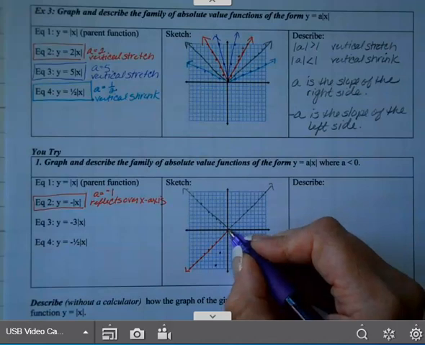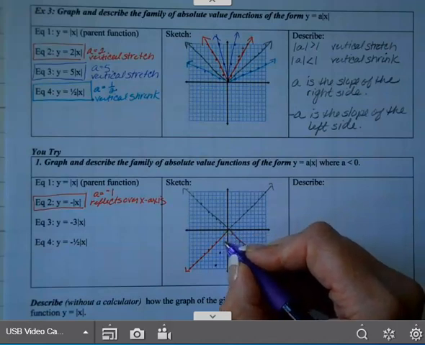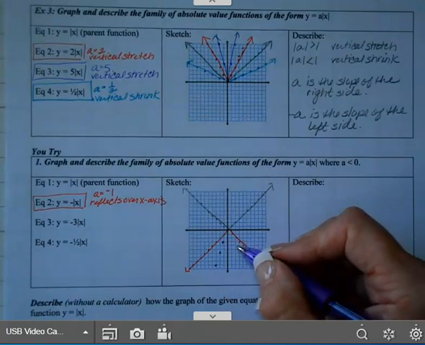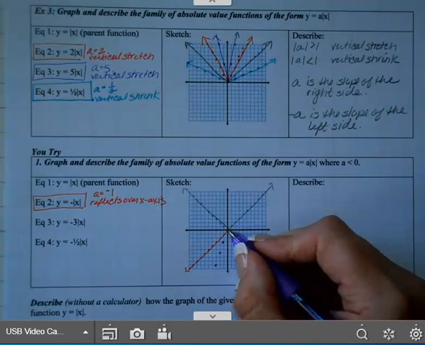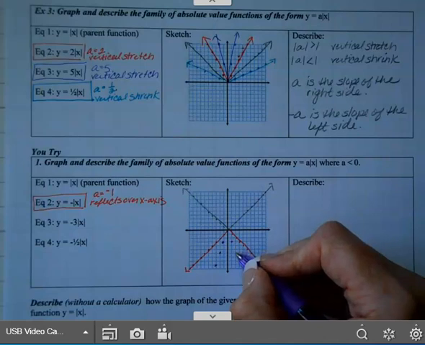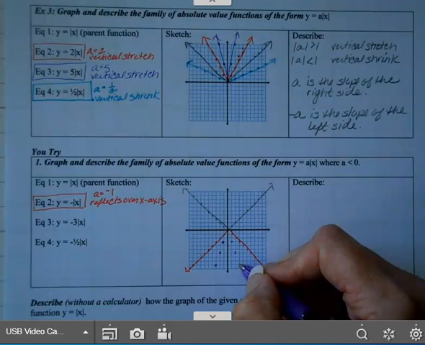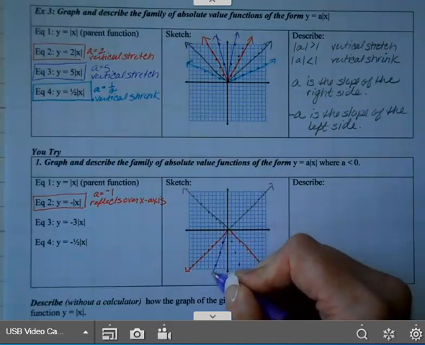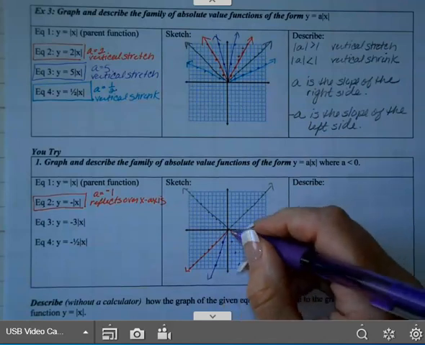At -1, I'm at -3. So it's taking that parent function and it's stretching it by a factor of 3. And then on the other side, you'll be at 1, 3, 2, 6, and 3, -9. So here is that graph.